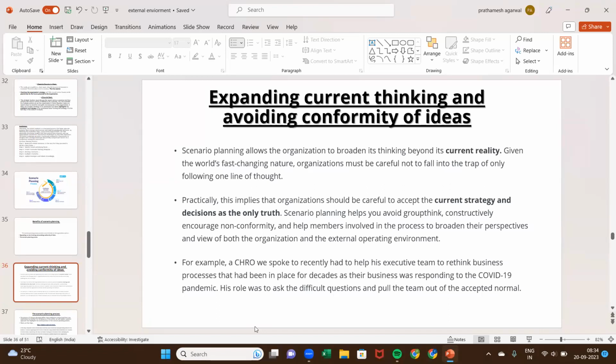That is called non-conformity. So scenario planning helps you to avoid group thinking and constructively encourage non-conformity, which is small non-performance, and helps members involved in the process to broaden their perspectives and view of both the organization and external environment.